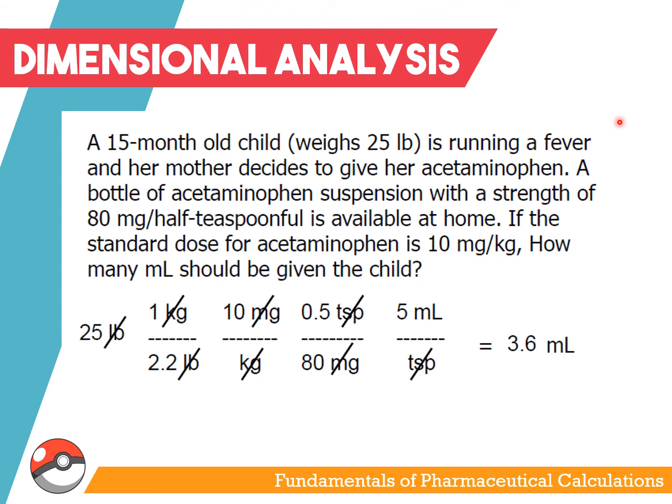So let us first identify what is asked. We want to know how many ml of medicine should be given to the child who weighs 25 pounds, assuming that the standard dose for acetaminophen is 10 milligrams per kilogram, and that the available strength of acetaminophen is 80 milligrams per half teaspoonful.